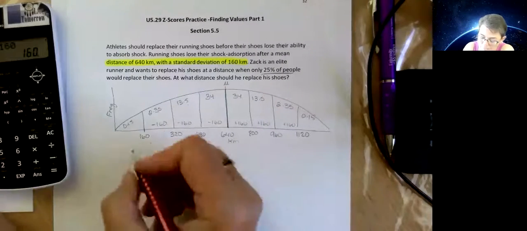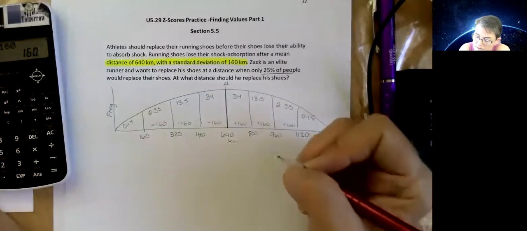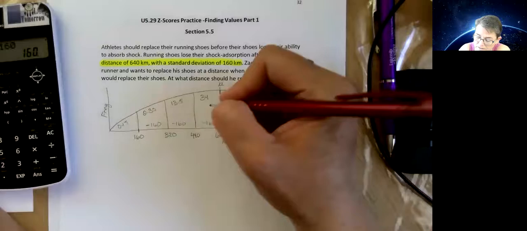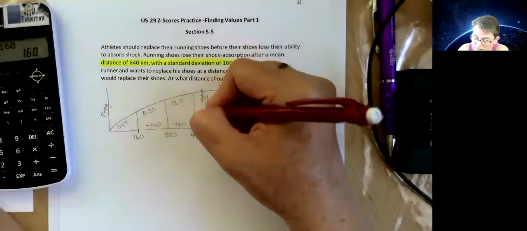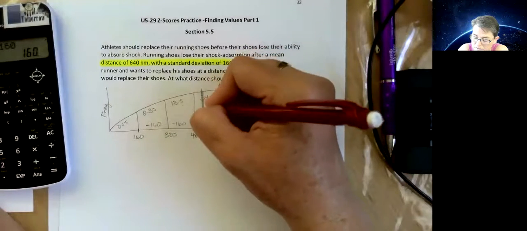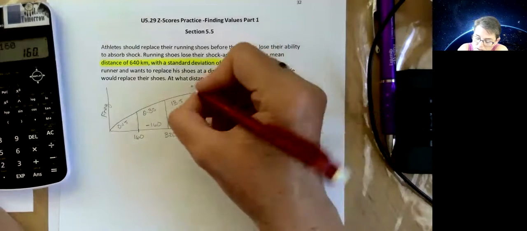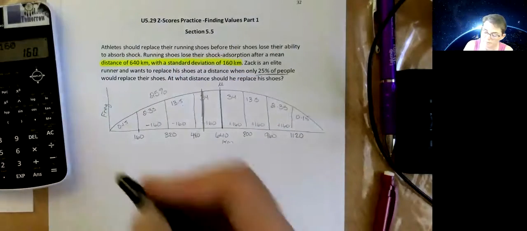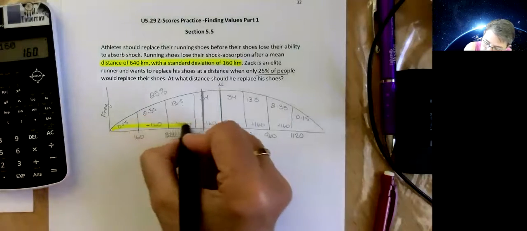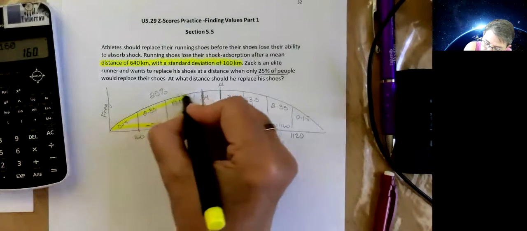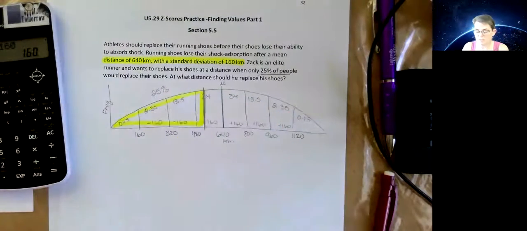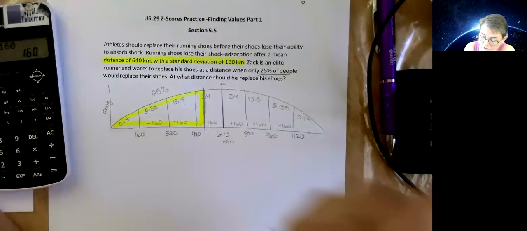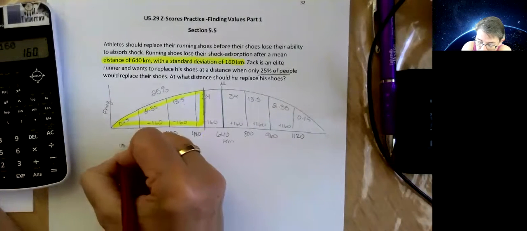So the 25%, I'm going to guess it's somewhere in this range. And I want all the colored part back here. I'm going to highlight it to be 25%. So I'm just going to do a quick estimate.